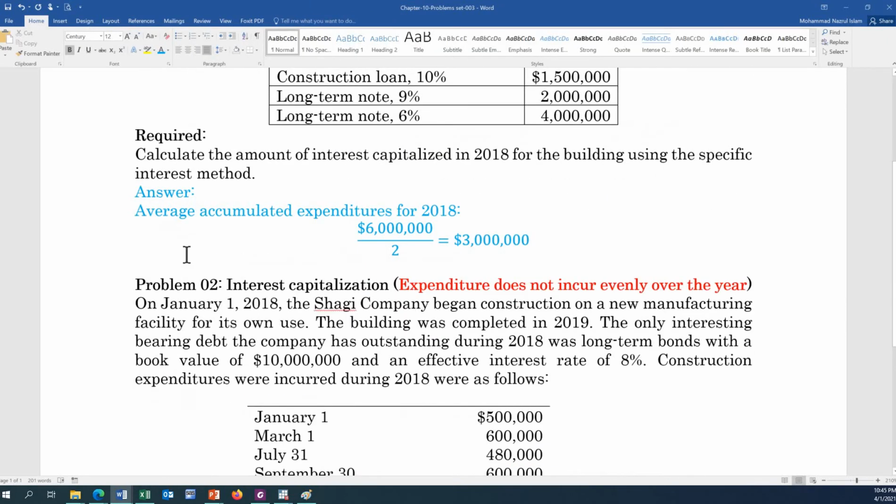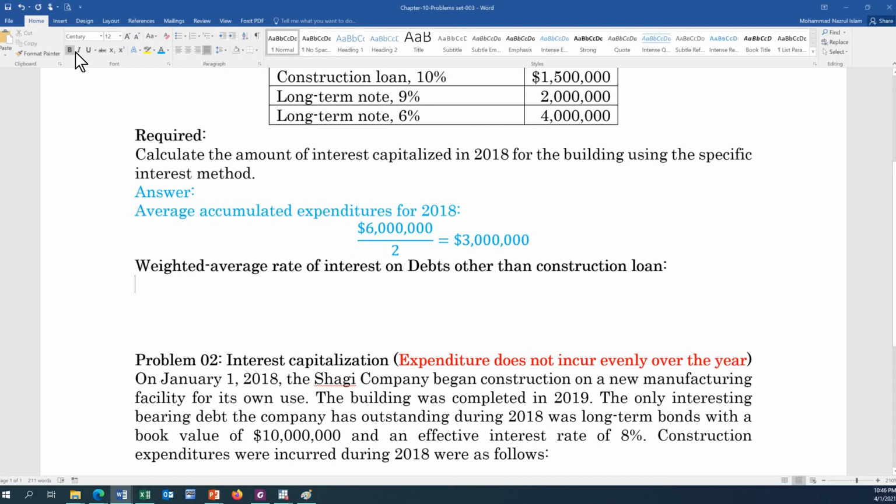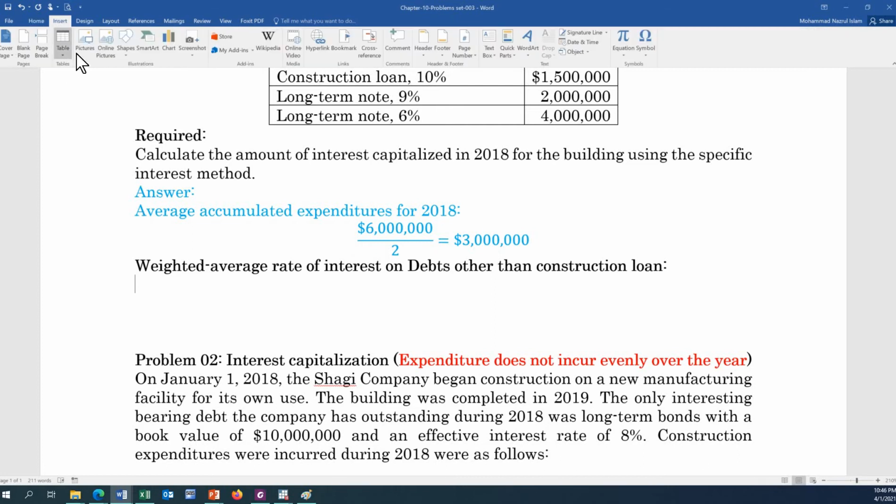And now we need to calculate the weighted average rate of interest on debts other than the construction loan, and it should be equal to, let's take a table.